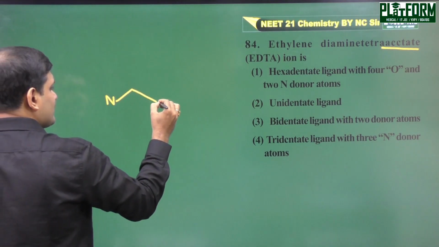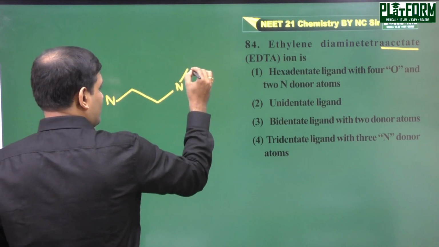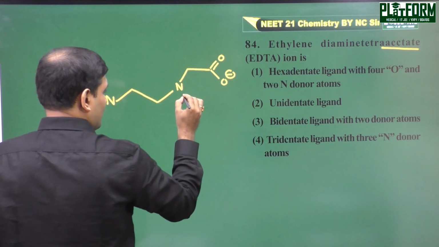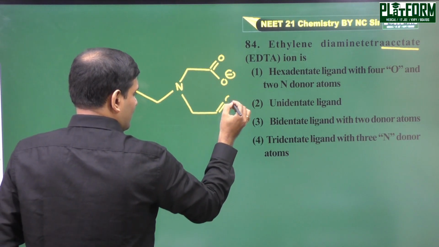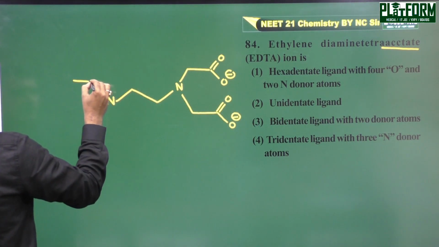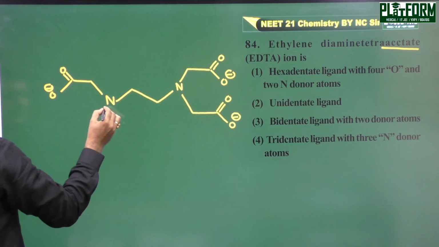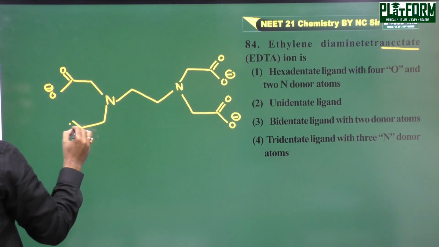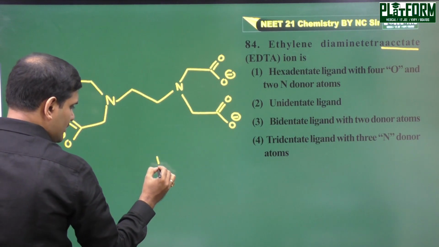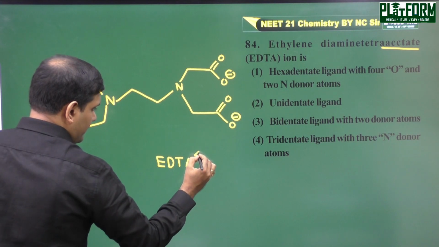I can write it is ethylene diamine tetraacetic acid. This structure corresponds to ethylene diamine tetraacetate, which is called EDTA, or we should write EDTA 4-.